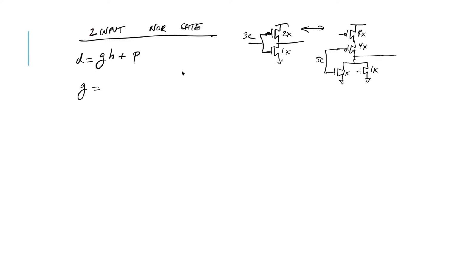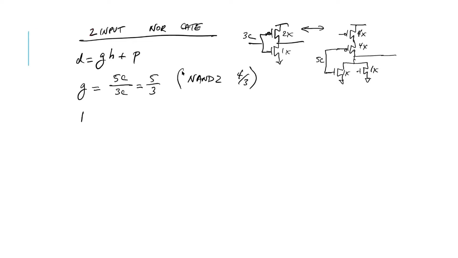So this G is going to be 5C over 3C, or 5/3. Remember, the 2-input NAND was 4/3 for G. That means the NOR gate is already worse at driving loads than a NAND gate, before we get too far.